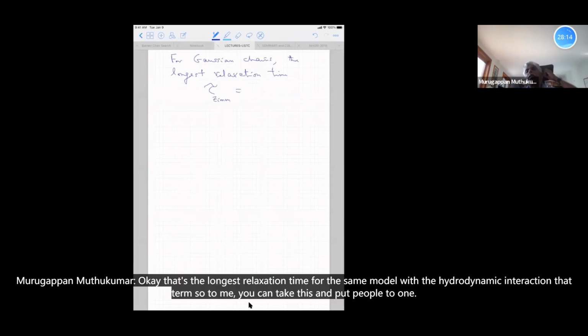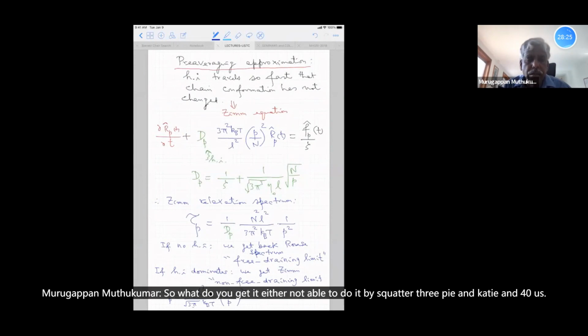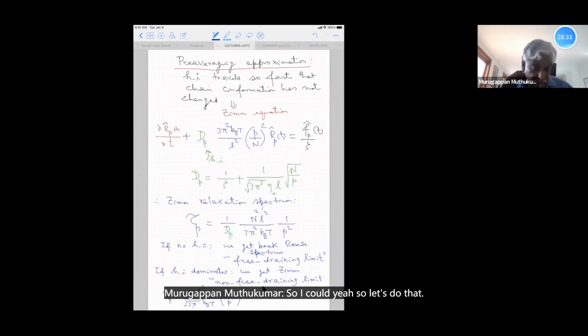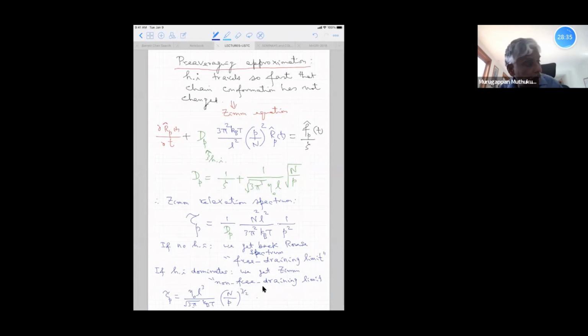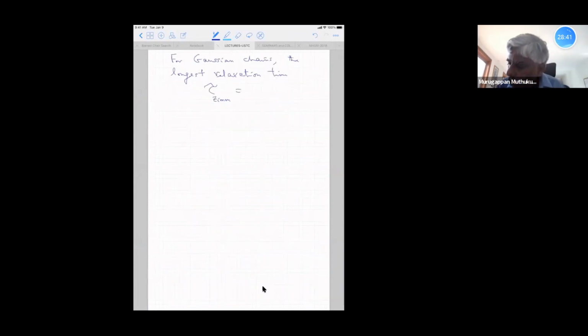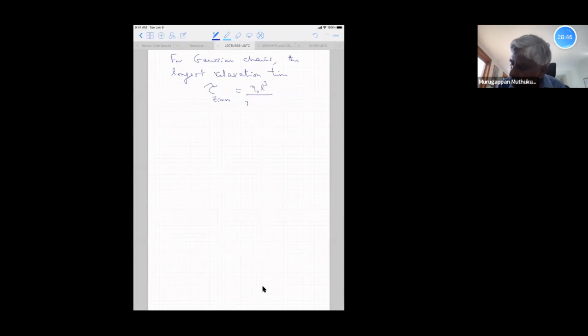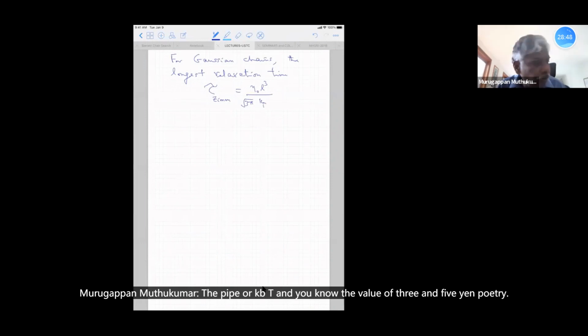That's the longest relaxation time for the Zimm model with the hydrodynamic interaction. You can take this and put p is equal to 1. So what you get is eta naught L cube divided by square root of 3 pi times kT, N power 3 halves. Let's do that. Again, at the risk of repetition, eta naught L cube, 3 pi over kBT, and you know the value of 3 and pi, N power 3 halves.